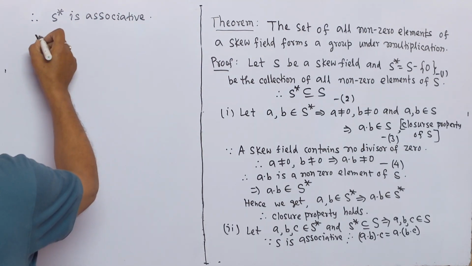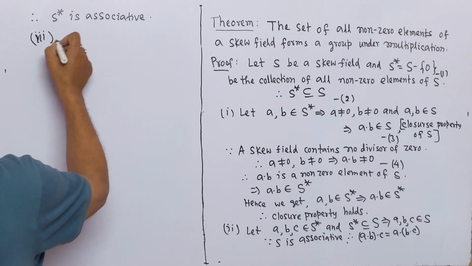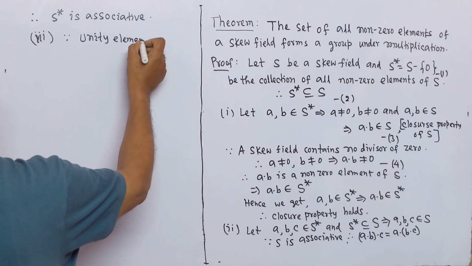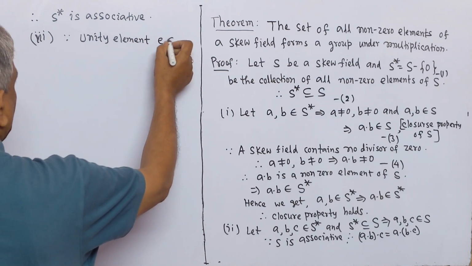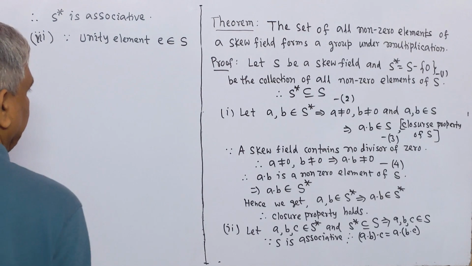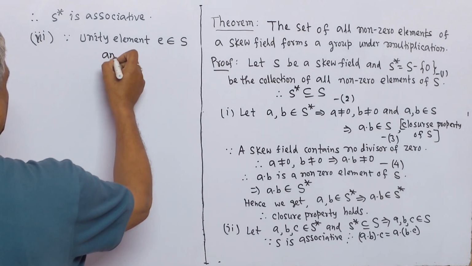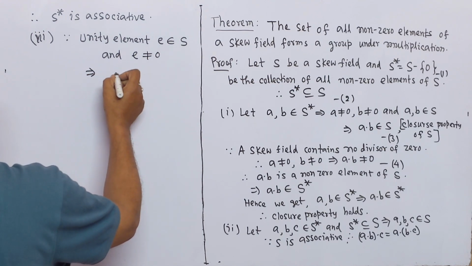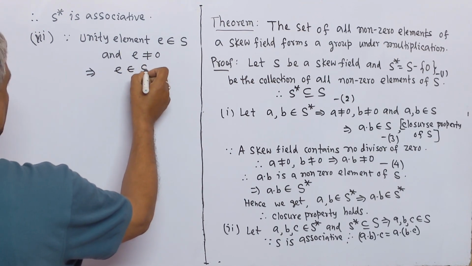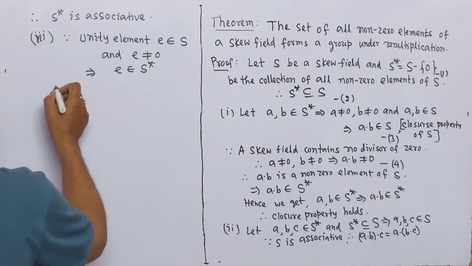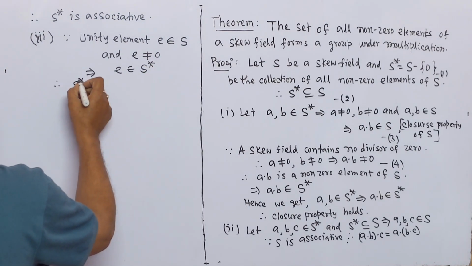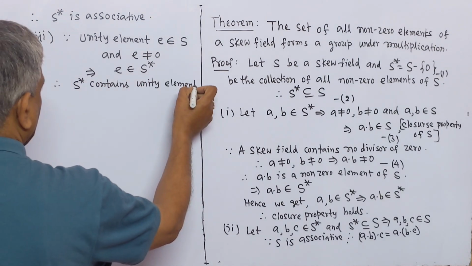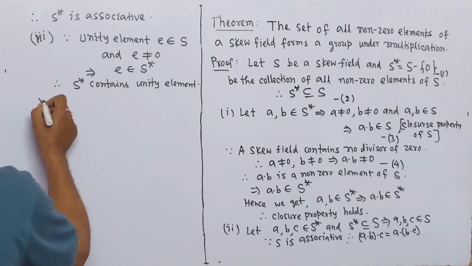Number 3. Since unity element E belongs to S skew field and E not equal to 0 implies that E belongs to S star. Therefore, S star contains unity element.